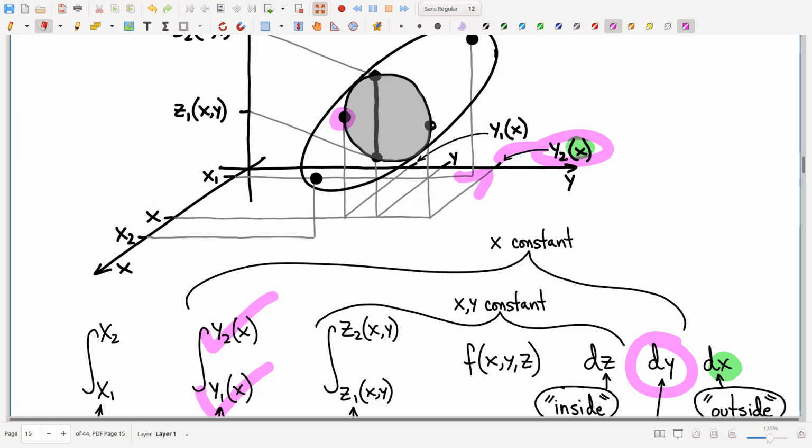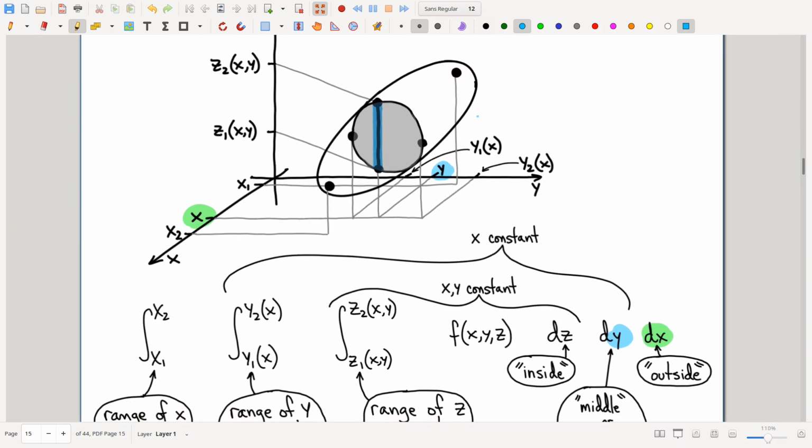Again, 3 dimensions instead of 2. 3 integrals instead of 2. Always 3 instead of 2. So looking now at x being fixed, still x being fixed. And now let's take y also fixed. Looking then just at this y slice of our x slice. We are now interested in the range of values of z. And z starts at that point, thus has that lower bound.